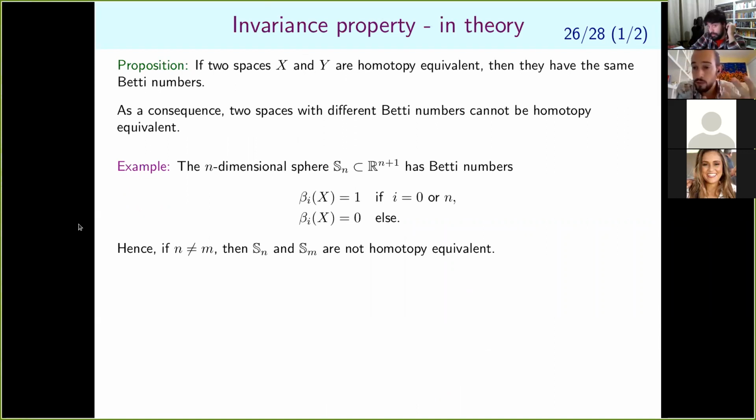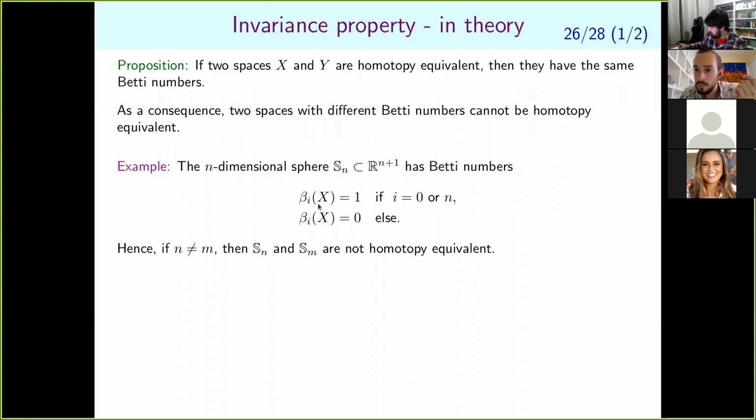And again, we can use this information to discriminate between spaces. So let me give you the Betti numbers of the n-dimensional sphere, seen as a subset of R^(n+1), the unit sphere of R^(n+1). It has very simple Betti numbers.